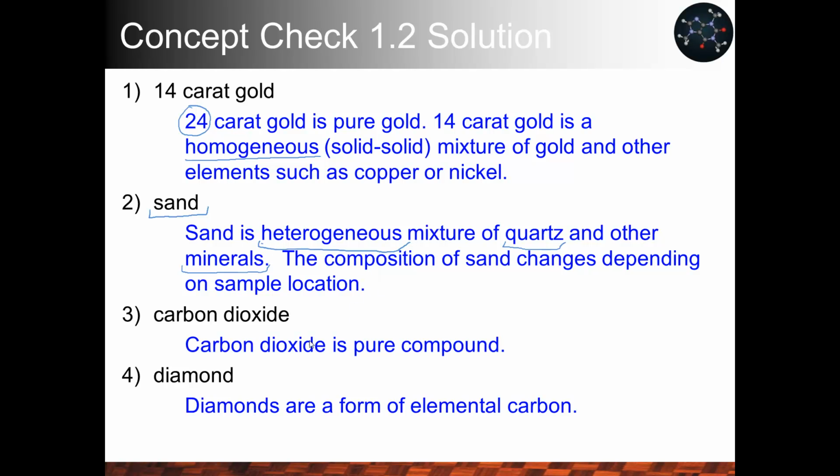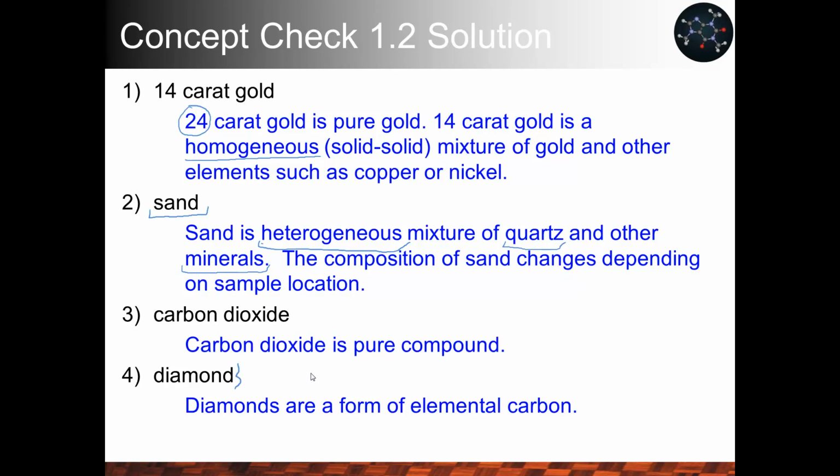Okay, so carbon dioxide is just some carbon, some oxygen, smushed together and held together with nice bonds between the carbons and the oxygens. That's going to be a pure compound. It has two elements, oxygen and carbon, but it's a pure compound in that all of the carbon dioxide that you find will be the same as any other carbon dioxide that you find somewhere else.